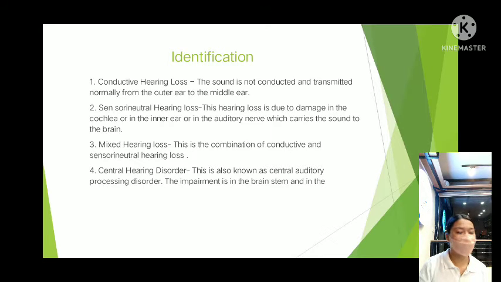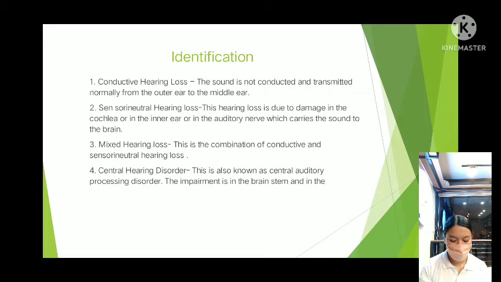For now, let's talk about the identification. We have 5. The first one is conductive hearing loss. The sound is not conducted and transmitted normally from the outer ear to the middle ear. The second one is sensorineural hearing loss.